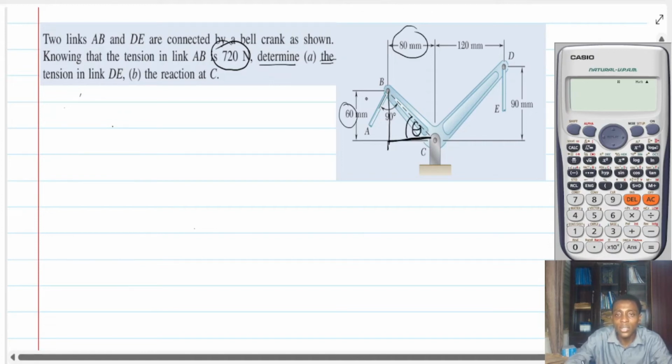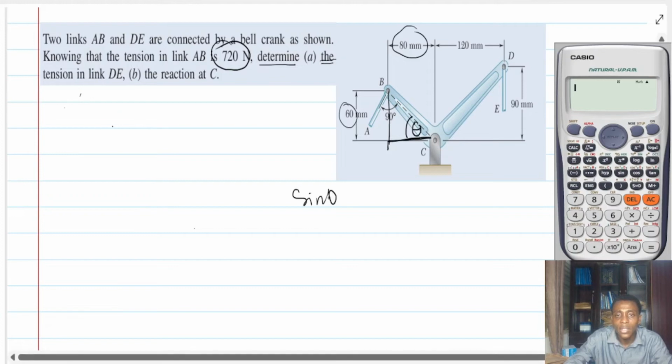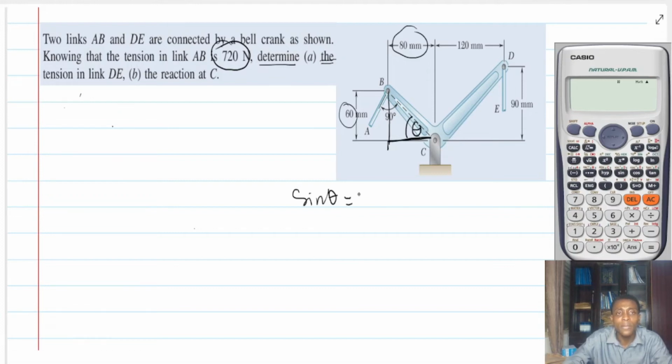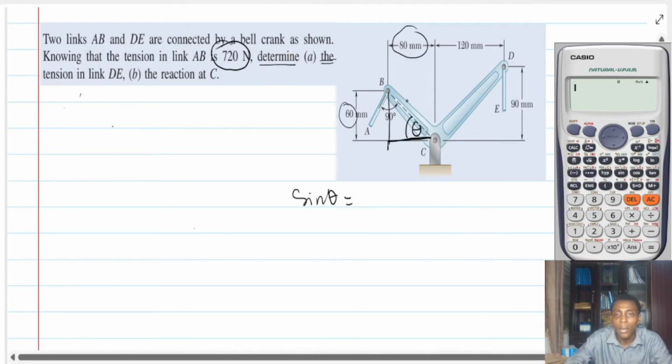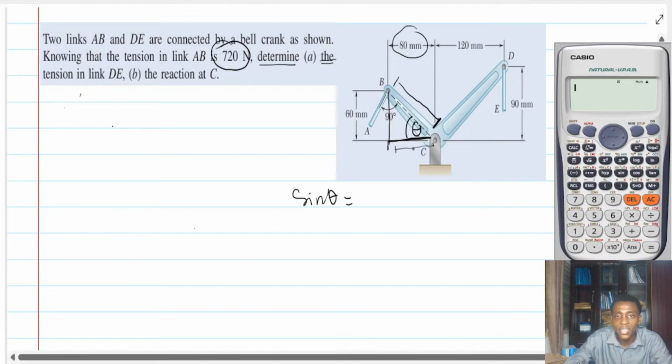Okay, I want to do something. Let's say that the angle here is theta, right? What will be sine theta? So sine theta is going to be, from Pythagoras theorem again, this side is 60, and this side is 80, right?